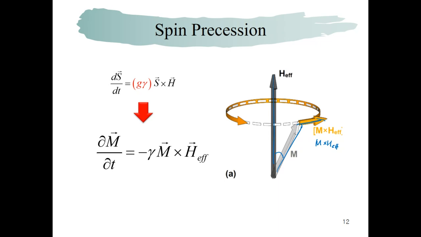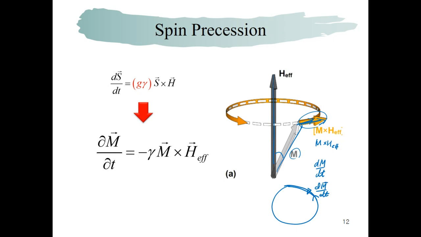Then the direction of M cross H effective is this tangential direction, and this is actually the variation of M. So dM/dt is this direction. In a top view, if there is some precession motion, then this direction is dM/dt.